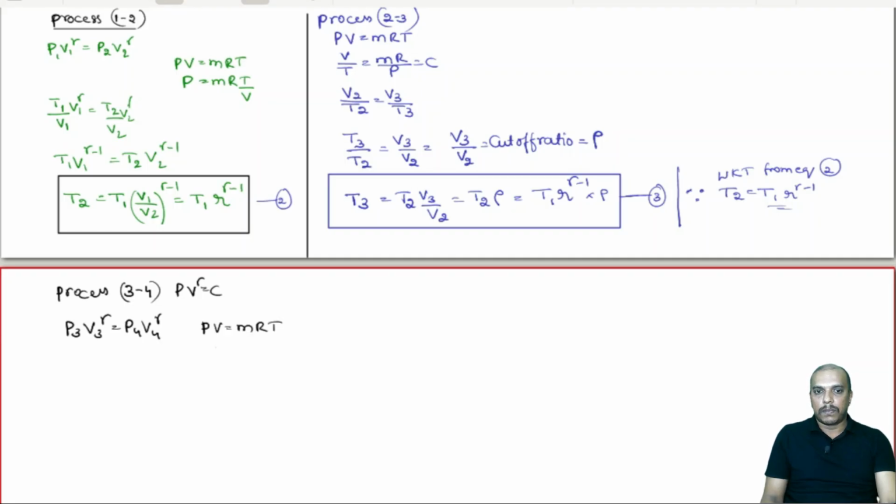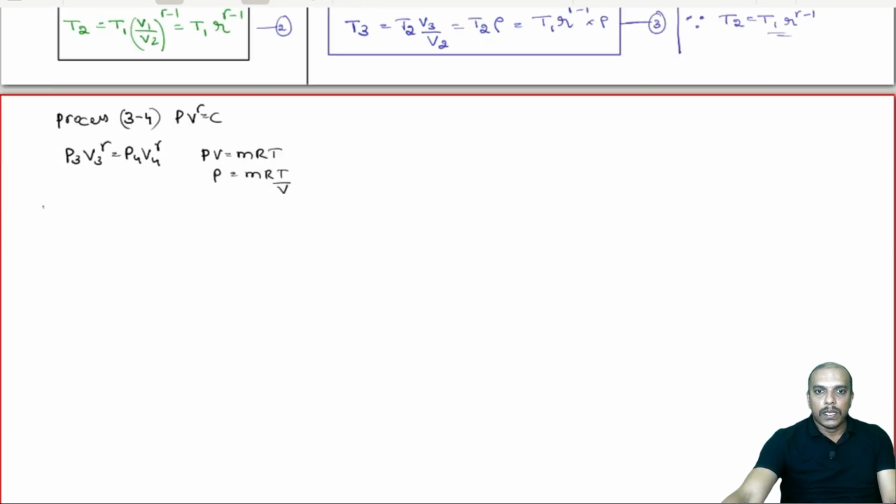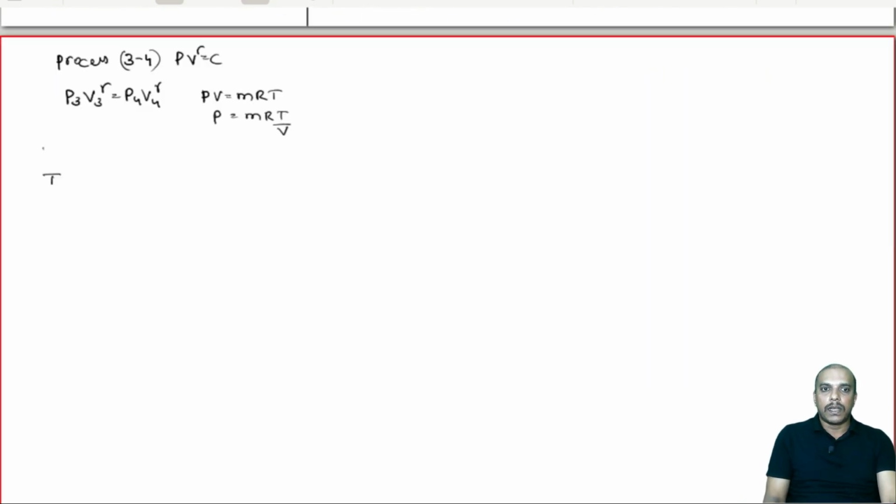In place of pressure, I am going to use T by V. If I do that in place of pressure, I will have T3 by V3, V3 power gamma, T4 by V4, V4 power gamma, and then we will have T3 V3 power gamma minus 1 is equal to T4 V4 power gamma minus 1, or we can say T4 is equal to T3 V3 by V4 whole power gamma minus 1.